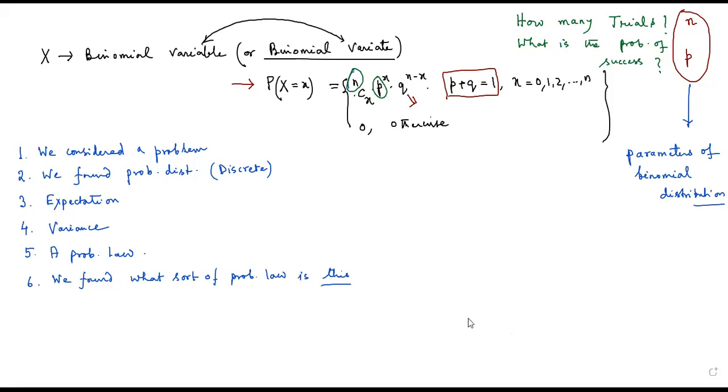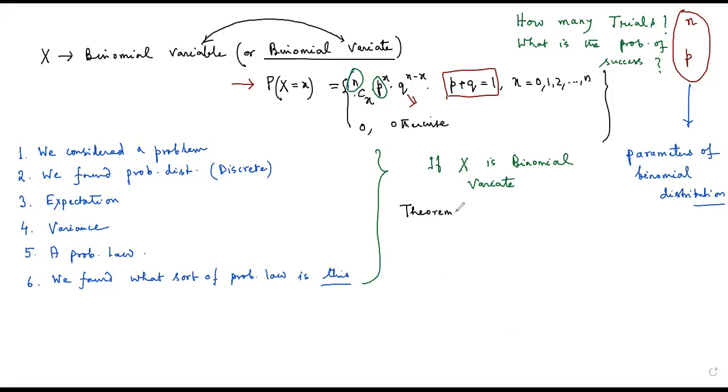And before I conclude today's class, another important thing that I need to tell you is that if capital X is a binomial variate, then there is a formula which goes like this. It is a theorem.